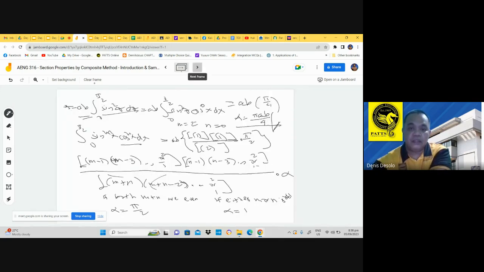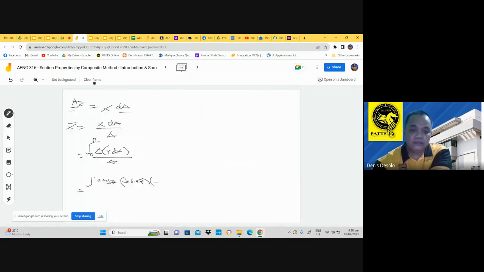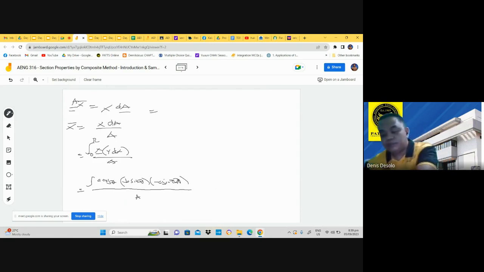Okay, so that will be negative a sine theta differential of theta, then all over a.